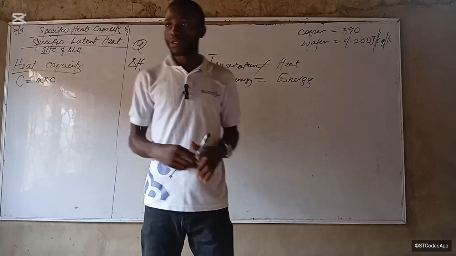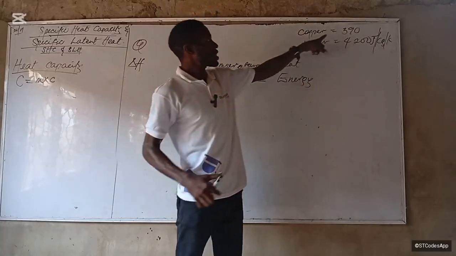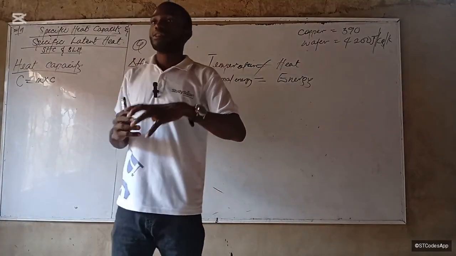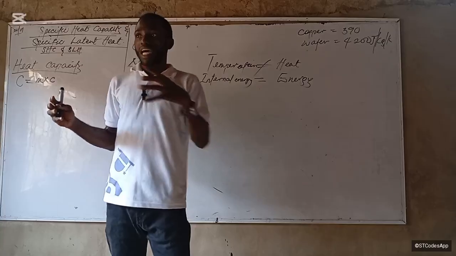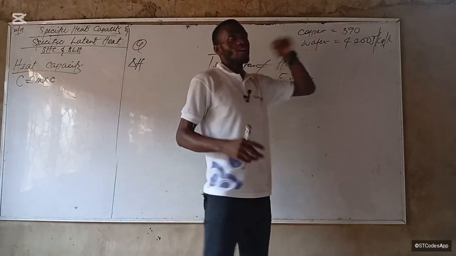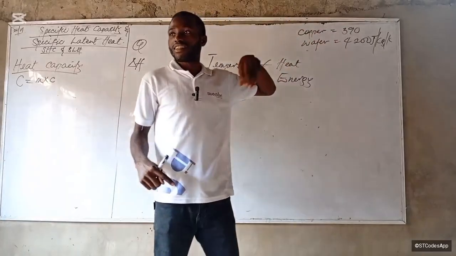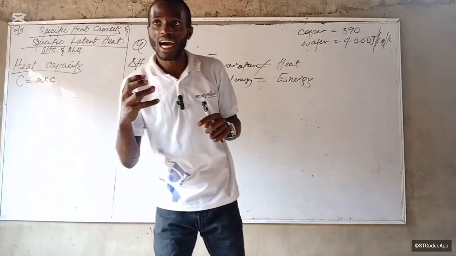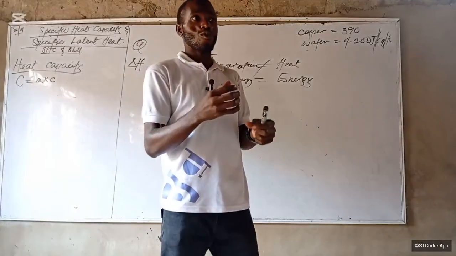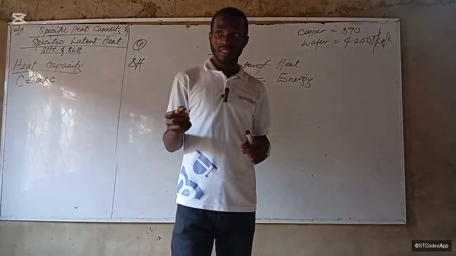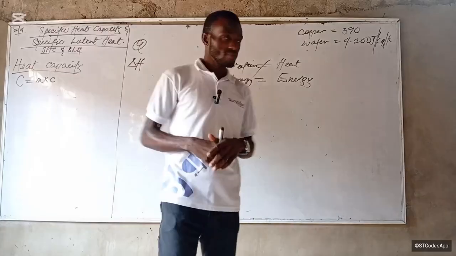That's because copper needs only a little energy to increase in temperature. Think of it as already having a higher internal energy, so you don't need too much energy to cause an increase in temperature. Does that make sense? Is it clear? All right.